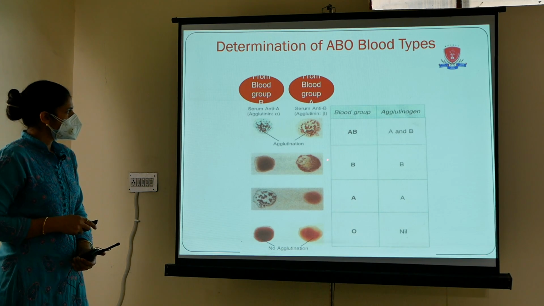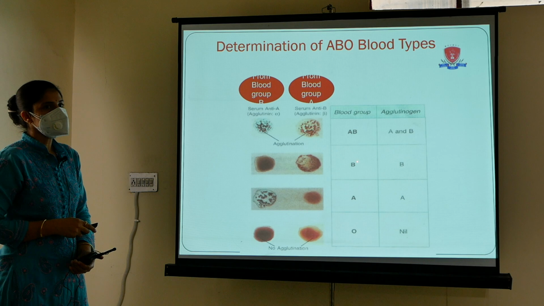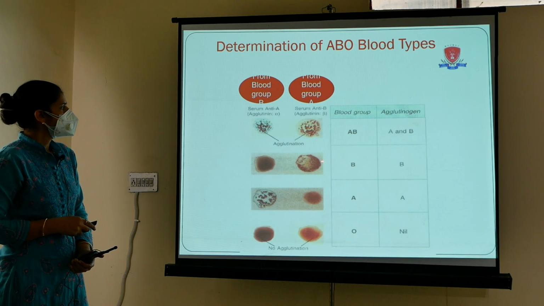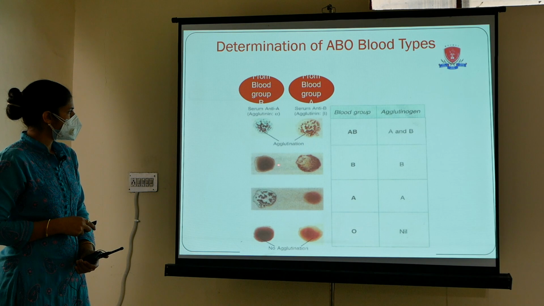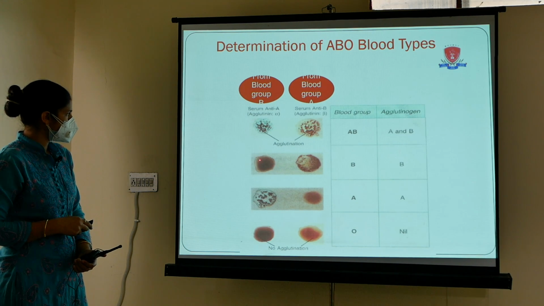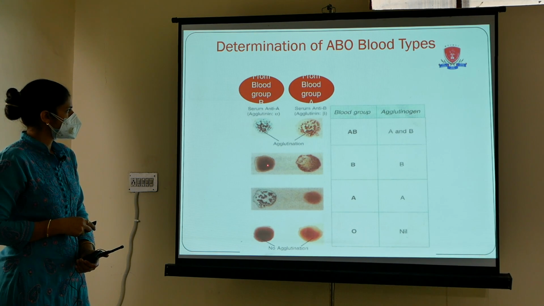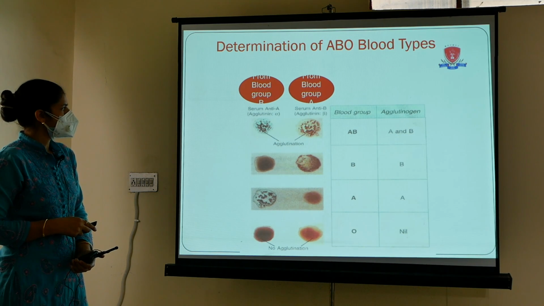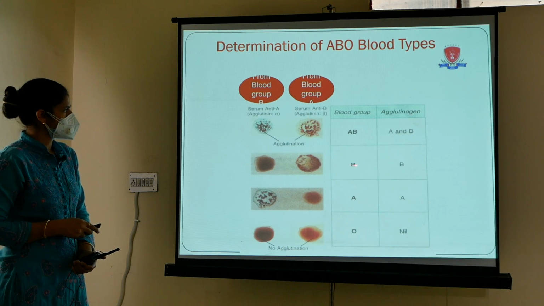Like that, in blood group B, only antigen B is present on the cell membrane of the RBC. So if the blood drop is mixed with anti-sera A, it does not show agglutination, but it shows agglutination with anti-sera B. So it means antigen B is present.